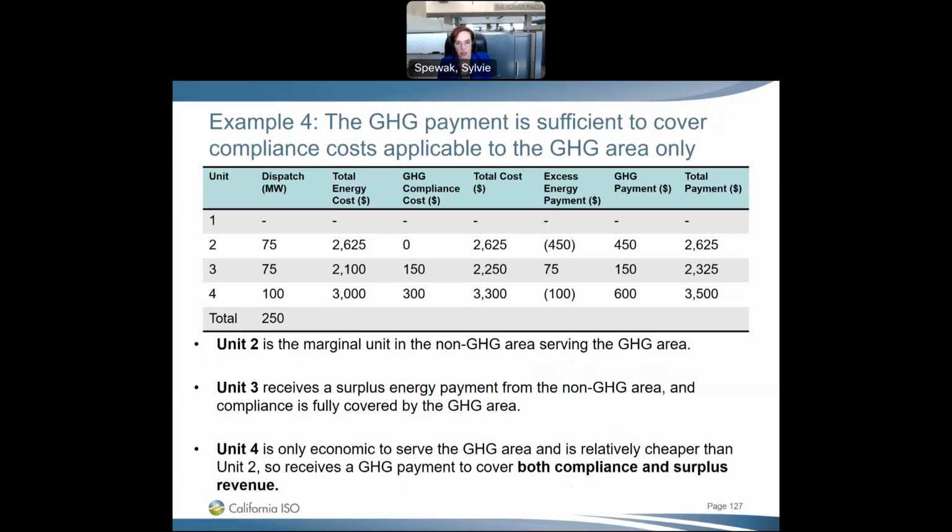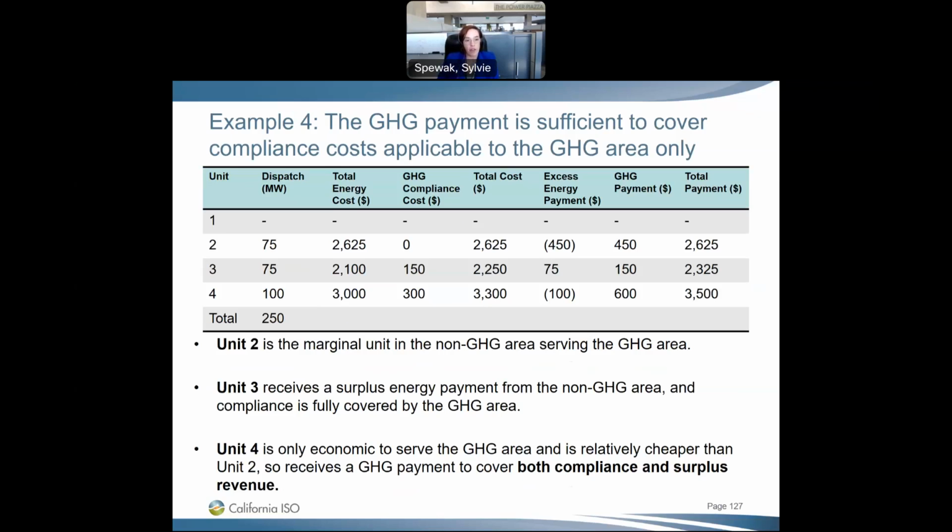It needs an additional $100 in order to cover excess energy. So this $600 energy payment goes to cover GHG compliance costs, excess energy costs, and it gets a little bit of additional profit margin for being an inframarginal resource.